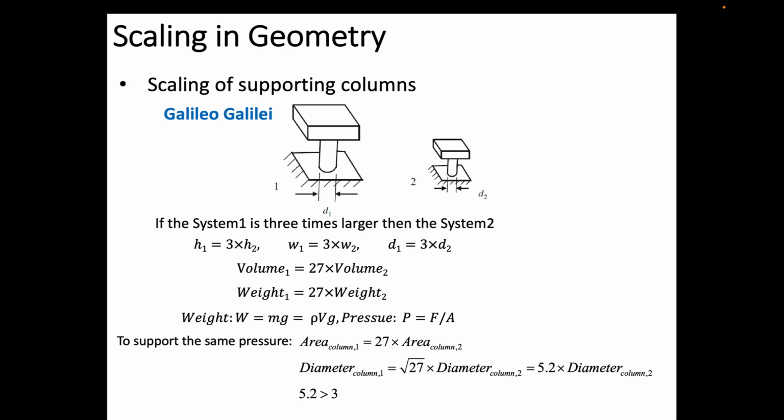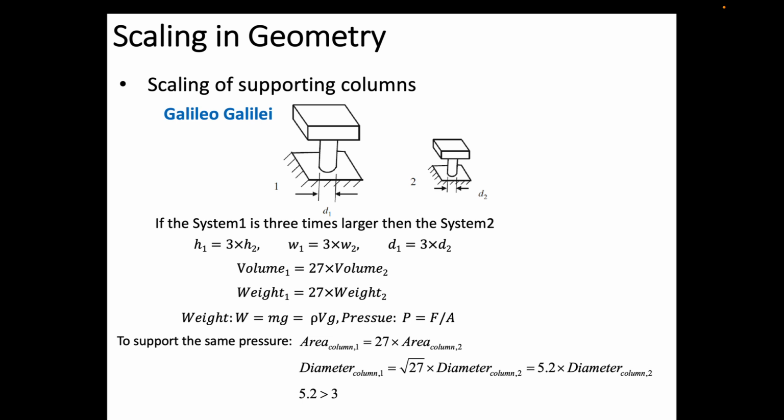What that means is that as we linearly scale up, it cannot withstand the pressure. In order to withstand the same pressure, the diameter has to be greater than this factor.